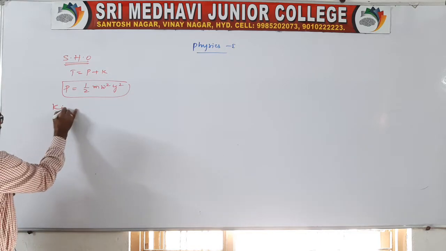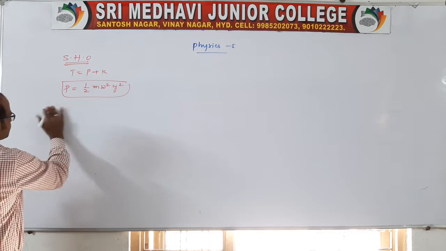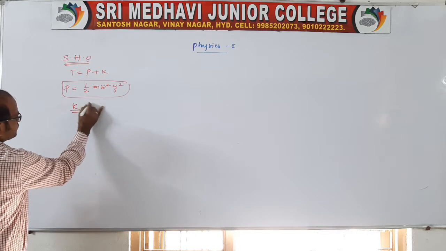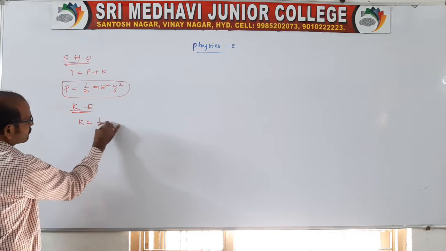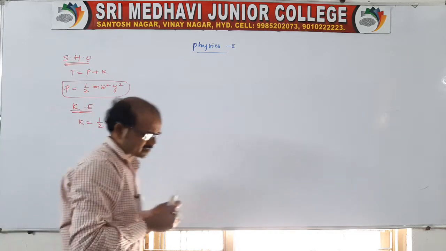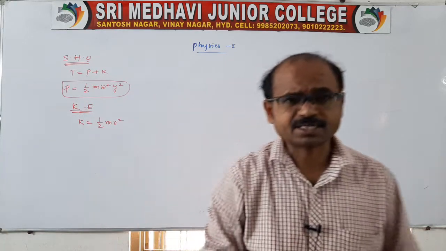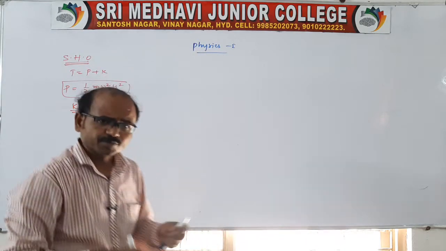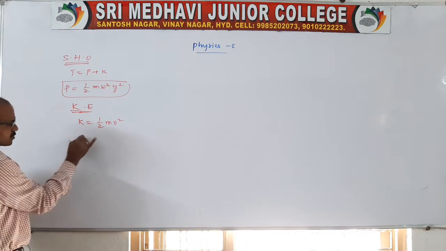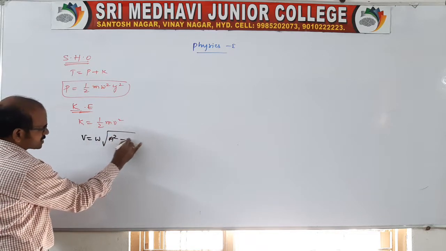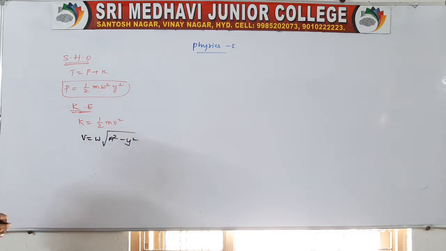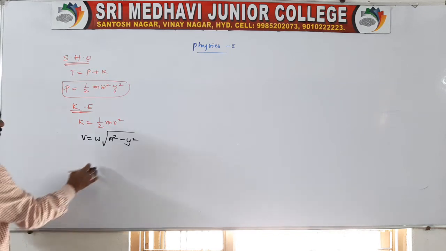You take the kinetic energy, K. This is what we should get. Of course, kinetic energy is half m v square. But in simple harmonic motion, v is equal to omega into root over a square minus y square. So now you substitute this value here.